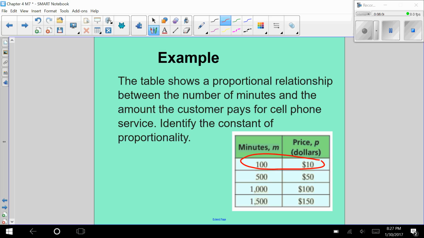I personally like $10 for 100 minutes. So we're going to put $10, because dollars per minute made more sense, over 100 minutes. And then we're going to simplify that. That simplifies to 1/10, which is actually, as a decimal, 0.10, so 10 cents per minute. That is our constant of proportionality, just a unit rate.